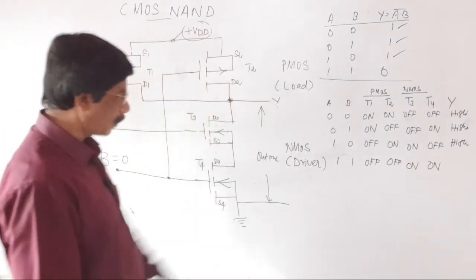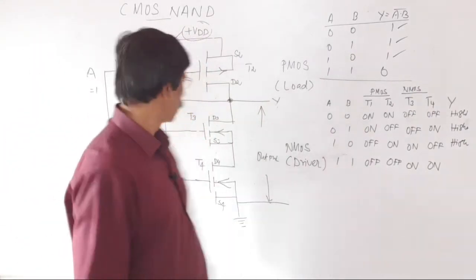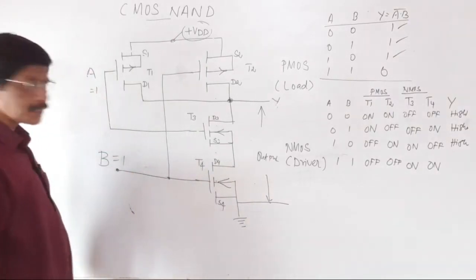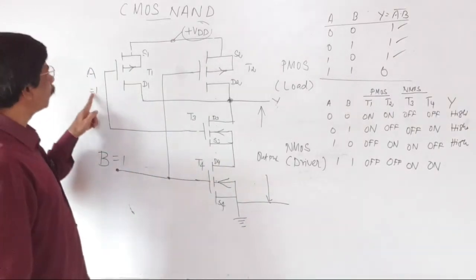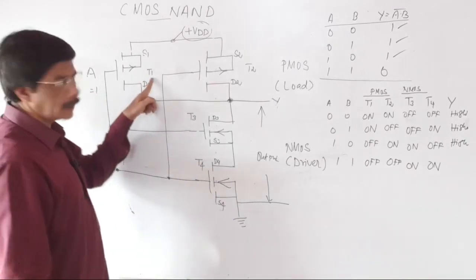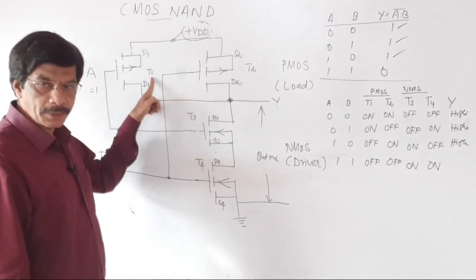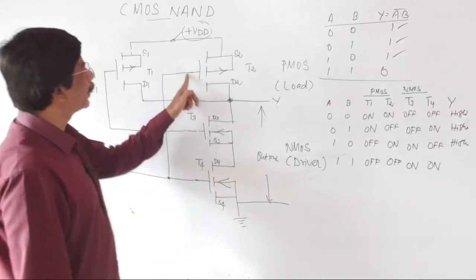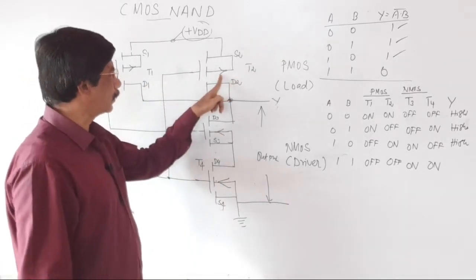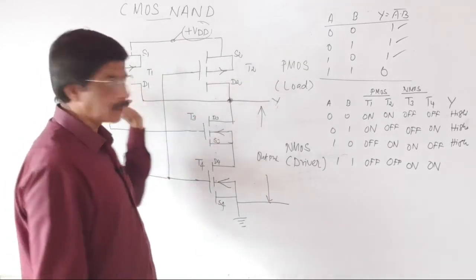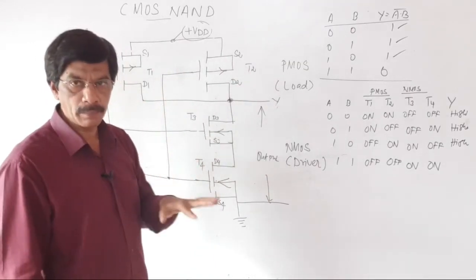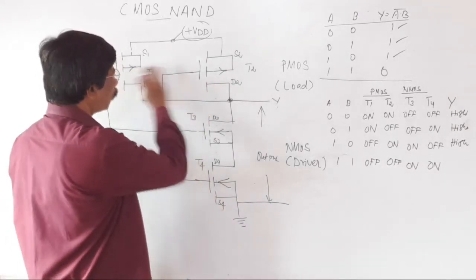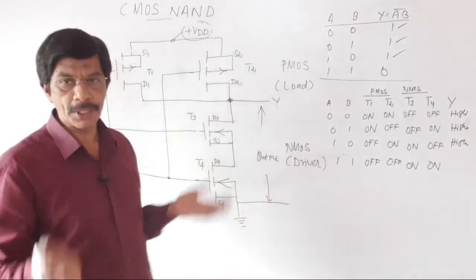The last row of the truth table, 1, 1. A is 1, B is 1. So A is given directly to the PMOS transistor T1, and B is 1, which is also connected to the gate of PMOS transistor T2. Both gate inputs are high. High means switched off, and switched off means both transistors are acting as an open circuit.